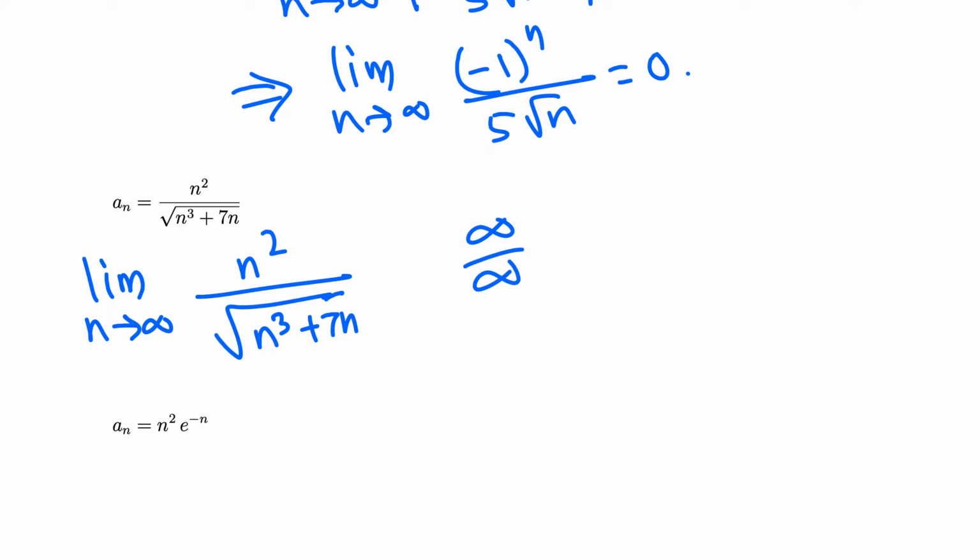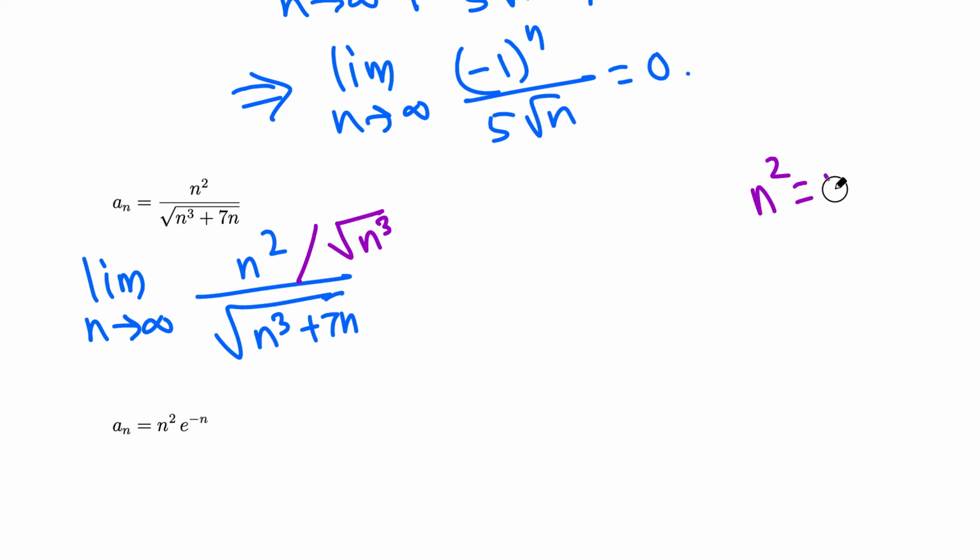It's like this, and we have no information about infinity over infinity. What we can do is just divide the top and bottom by square root of n cube, that's the leading term.